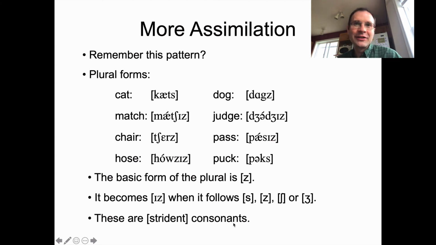This is a new feature that is not part of phonetics, at least not the way we've learned it, but it's operative in phonology, right? Hopefully you can hear that as well. So s, z, I mentioned before when we were doing phonetics, those are loud fricatives. Ch, j, zh, sh.